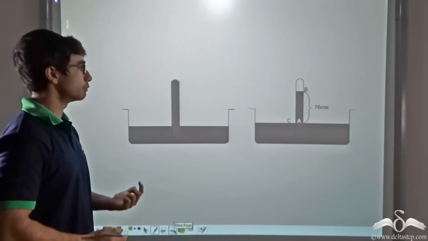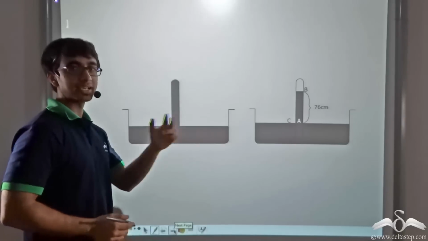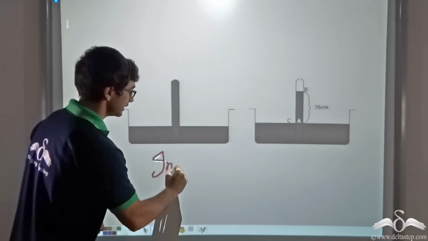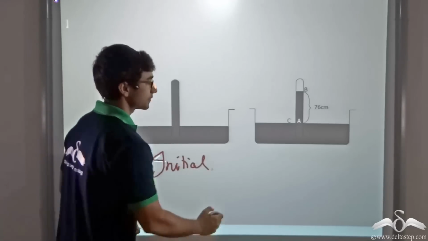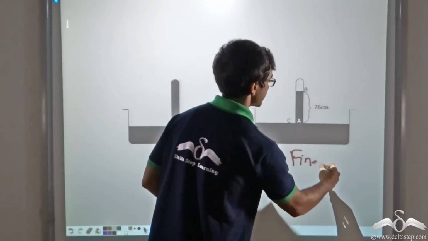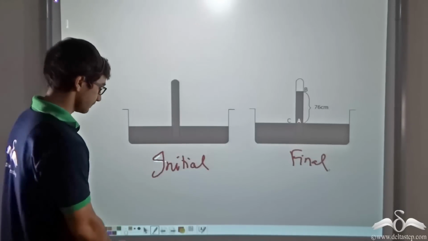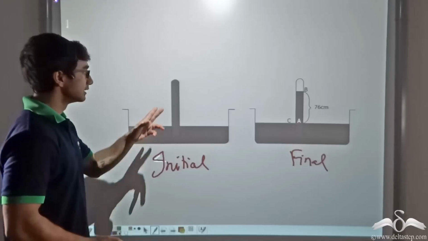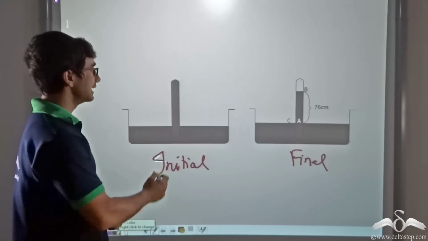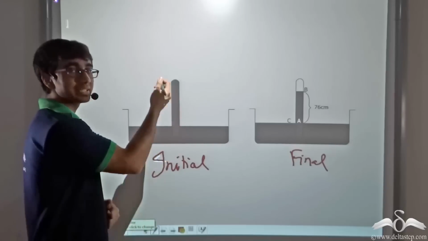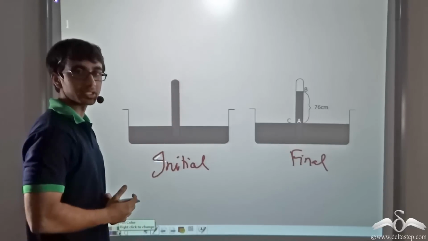Over here we consider both the initial and the final condition. This is the initial condition and this is the final condition. Now in the initial condition, if you notice, the liquid, that is mercury, is completely full in the tube, and in this manner it has been inverted into a trough of mercury.